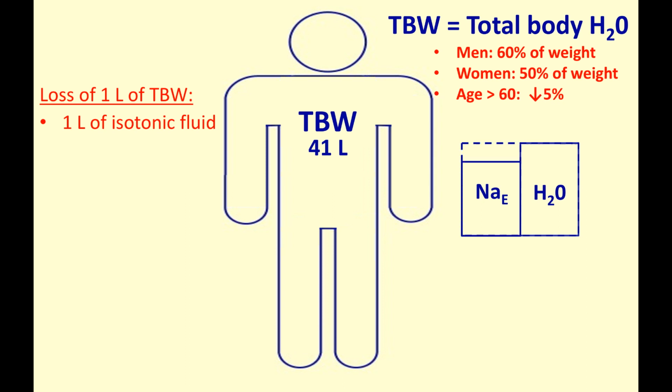Therefore, both sodium and water will go down, and this man will develop hypovolemia because total body sodium is down, as we reviewed in the first lecture. But the normal proportion between sodium and water will be maintained, and no other problems will occur.